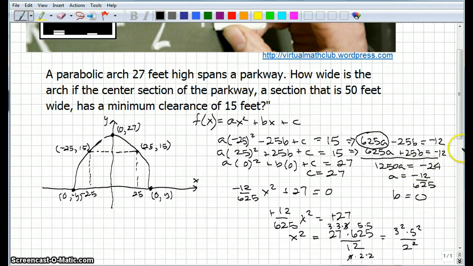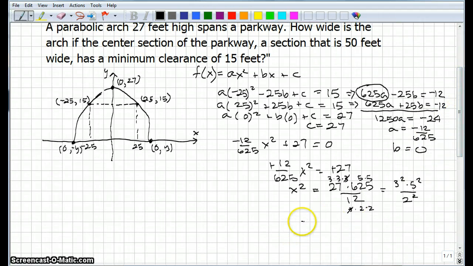So x is equal to plus or minus 3 times 5 over 2, which would be 15 halves. Oh, wait, no. Sorry, this is 25 times 25. What am I thinking? 25 squared. I thought something looked wrong here. So this is 25, and this is 75. All right, that's better.